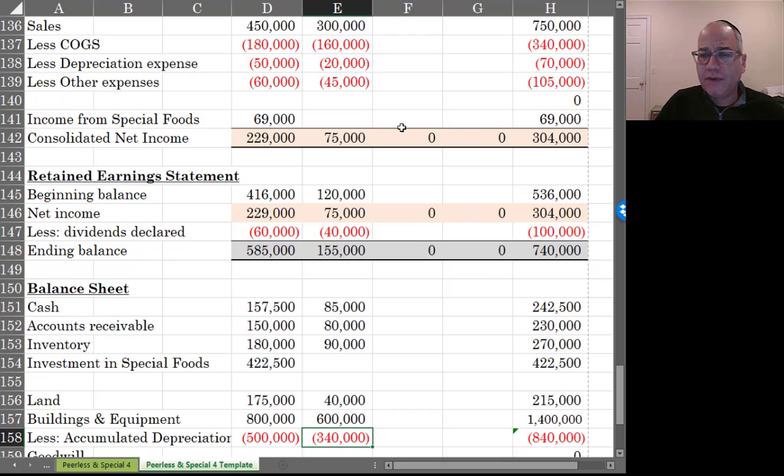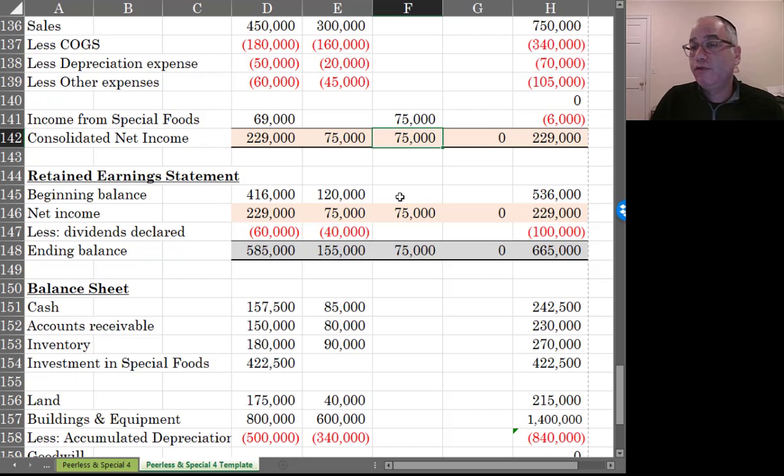We'd start off with our big elimination entry. So I'm going to debit consolidated net income. I'm going to debit income from Special Foods for the reported income of the sub of $75,000. I'm going to debit the beginning retained earnings for the balance of the sub, $120,000, and I'm going to credit dividends for dividends paid by the subsidiary to the parents.